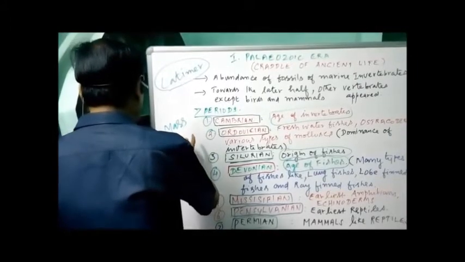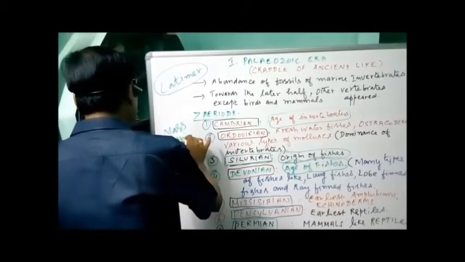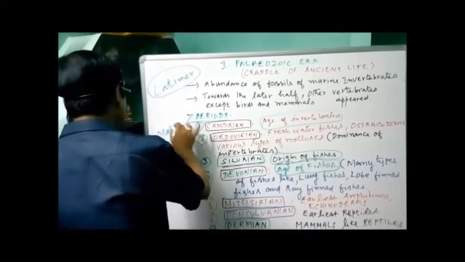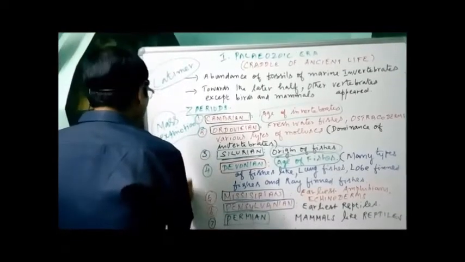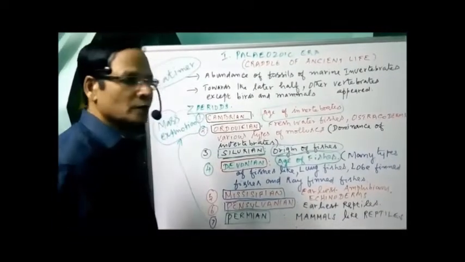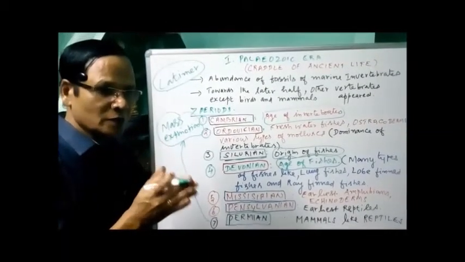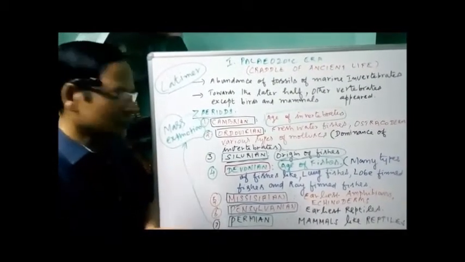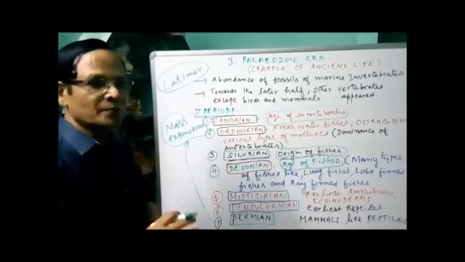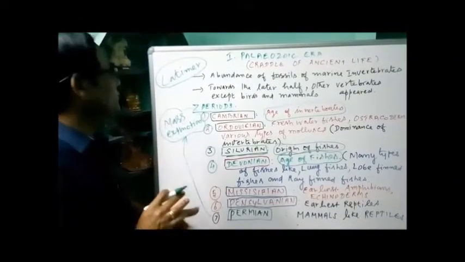Mass extinction of fauna and flora occurred during the Permian period. I already mentioned that two-thirds of the animals and plants which had lived ever since disappeared during the Permian period. It is known for mass extinction.